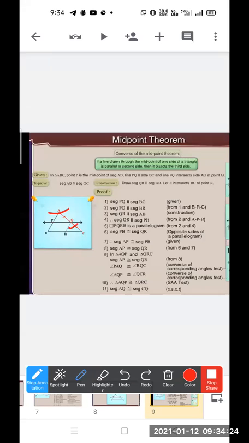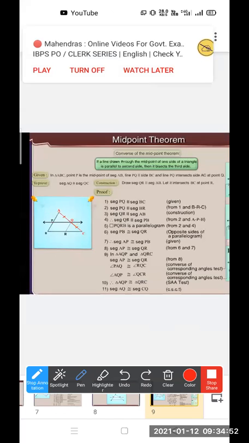Why are they congruent, children? You can see they are corresponding angles, and they are congruent by the converse of the corresponding angle test. If two lines are parallel, then the corresponding angles are congruent.